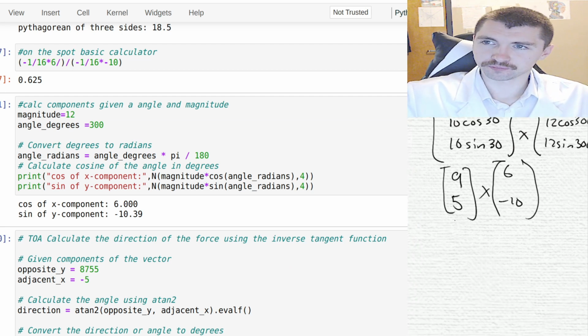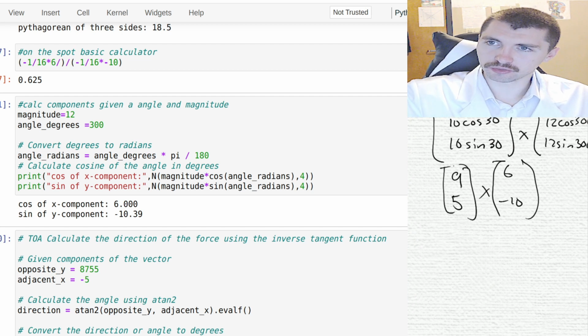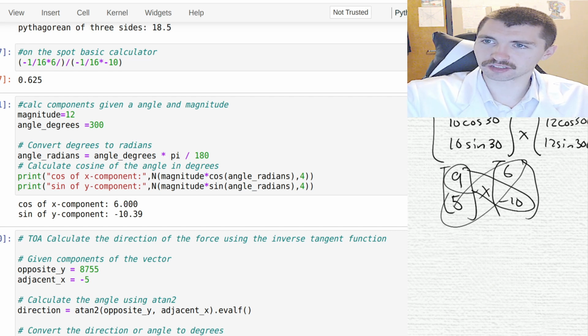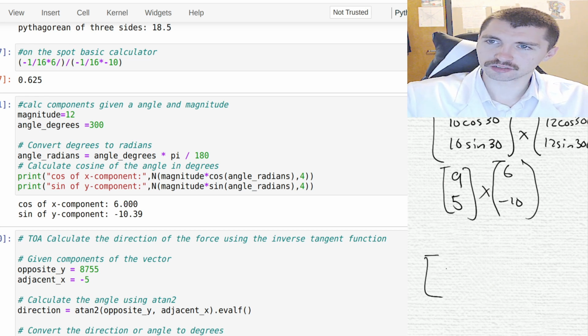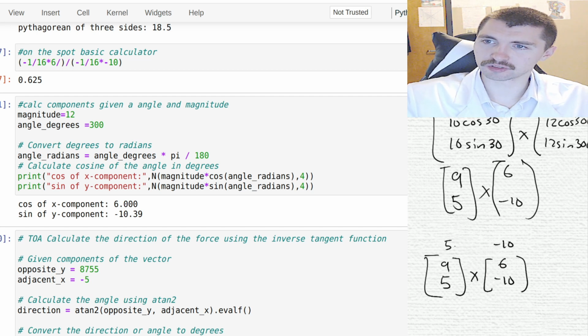If we do it like this, 9 times 10 minus 6 times 5, we get the J direction first. So we do 9, 5 cross 6, negative 10. We're going to take the bottom rows and put them up.